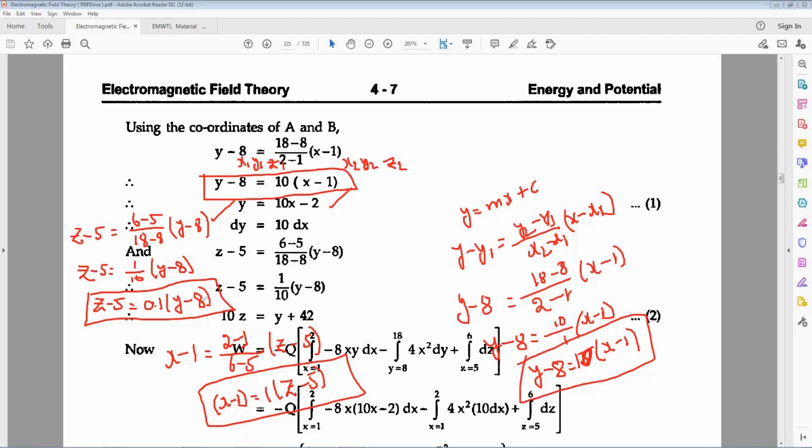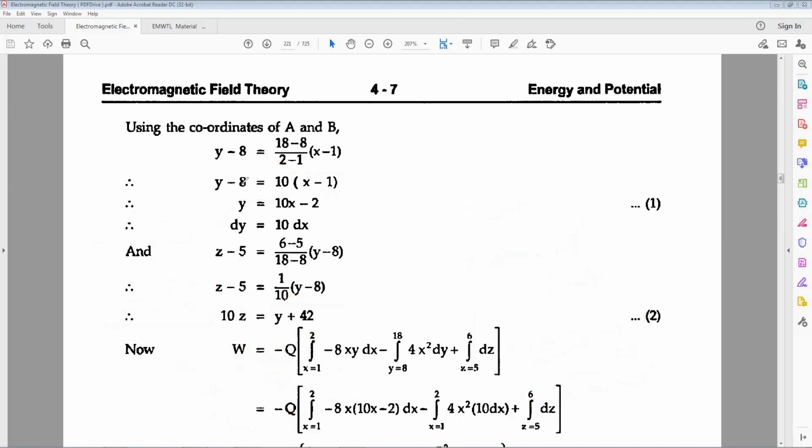And second function z minus 5 is equal to 1 by 10 into y minus 8. Okay. And these two values you get, and similarly the last equation also, the x minus 1 is equal to z minus 5. Got it, my dear students?